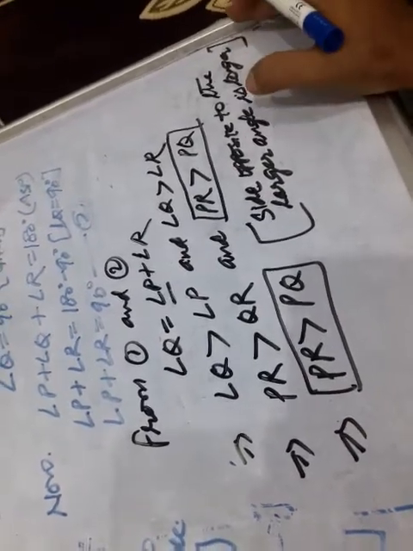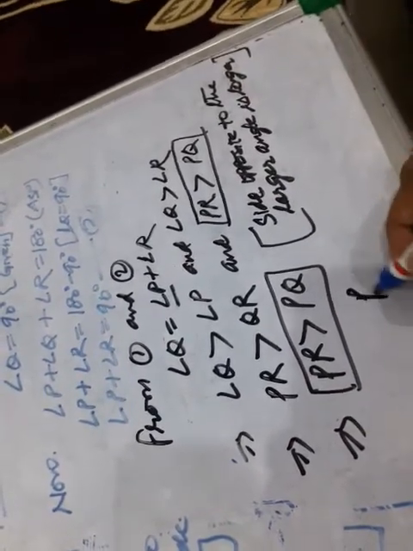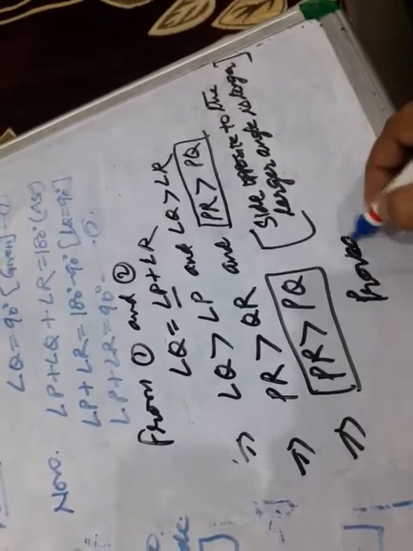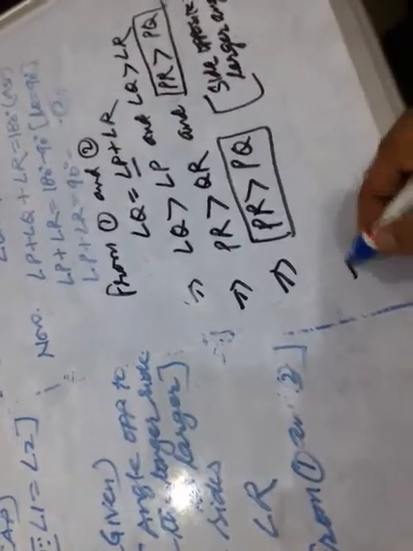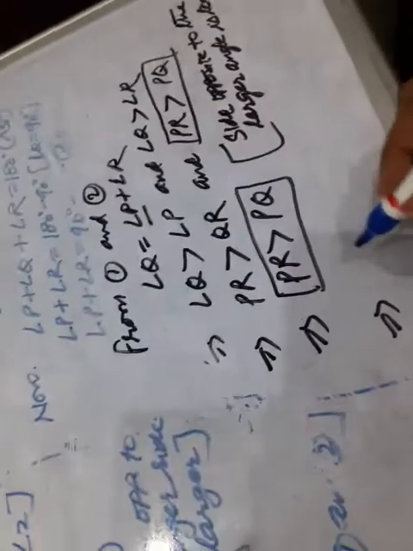Okay, children? So this is the fact. We have found our required result, that is PR is greater than PQ. This implies that what did we prove? That the perpendicular distance is the shortest distance.